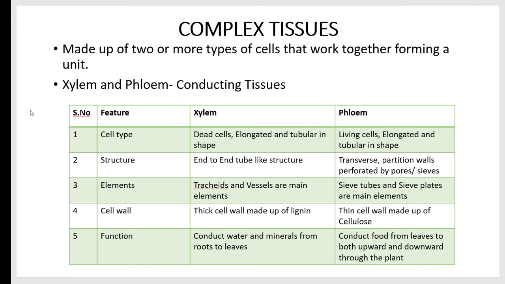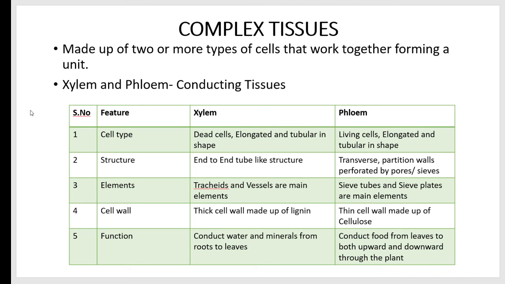The structure of xylem is end-to-end tube-like, whereas phloem possesses transverse partition walls perforated with pores, the sieve plates. Why these pores? Because phloem needs to flow the food upward as well as downward. So these pores are made to transport the food to every part of the plant.